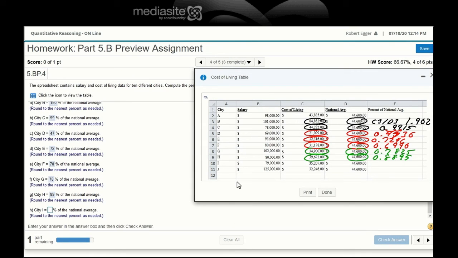City I. Cost of living, national average, divide. So 35,207 divided by 44,600. 0.7894, so 79%.